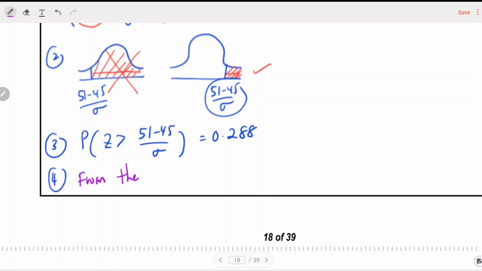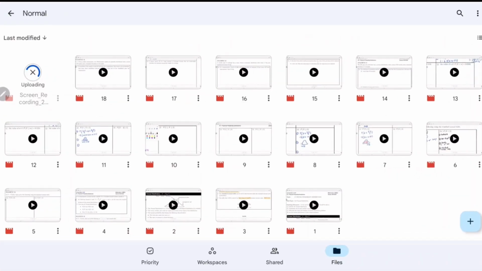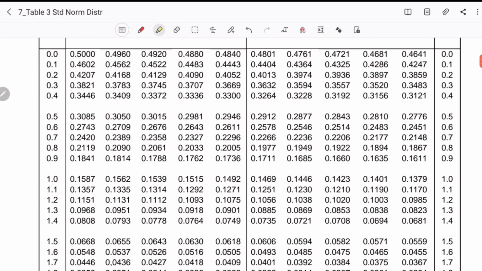From the standard normal table, find the probability of Z that will give you 0.288. Zero point two eight eight. Here, 0.2877.